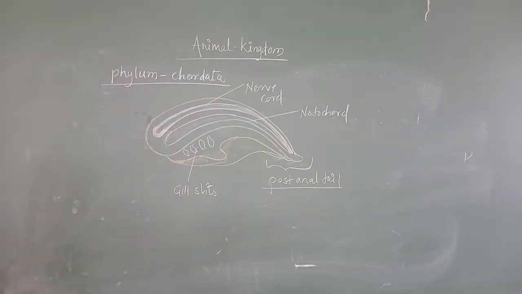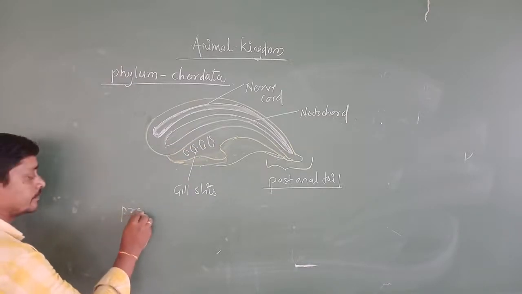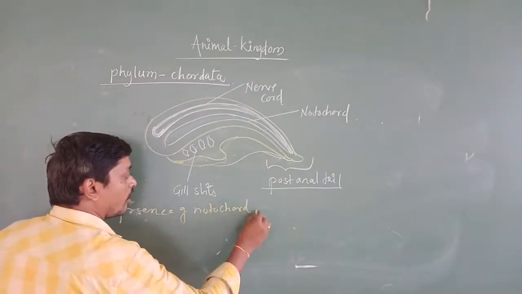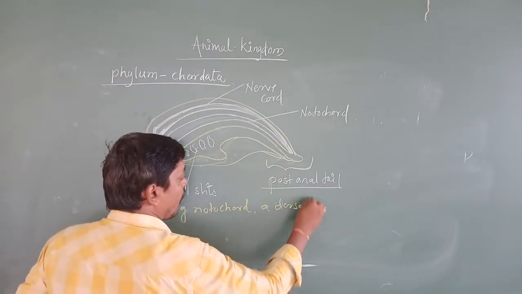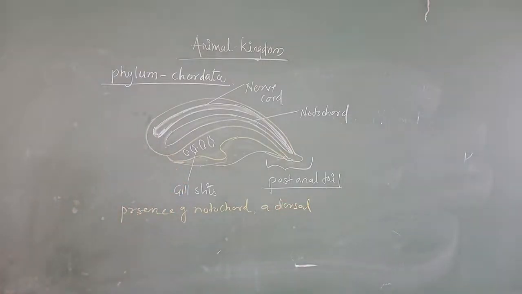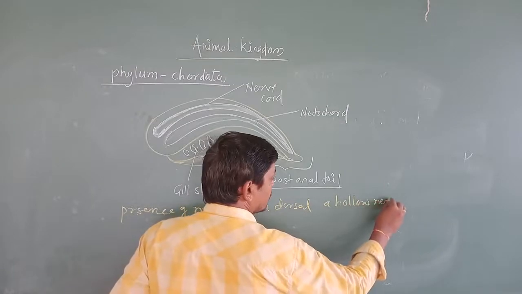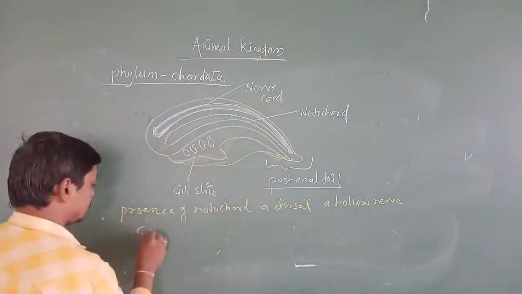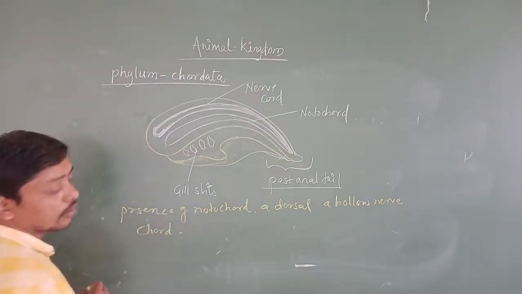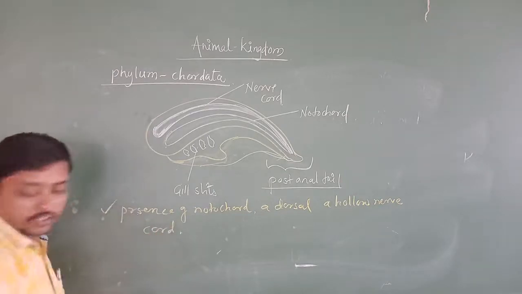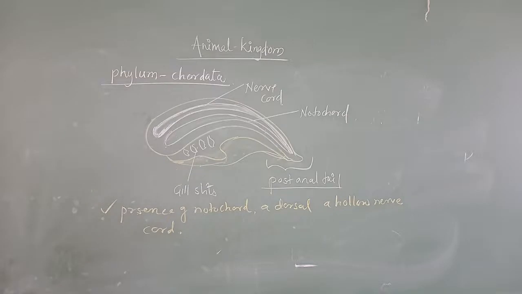What else are there? The fundamental characters of Chordata: presence of notochord, a dorsal hollow nerve cord, and a pair of pharyngeal gill slits.